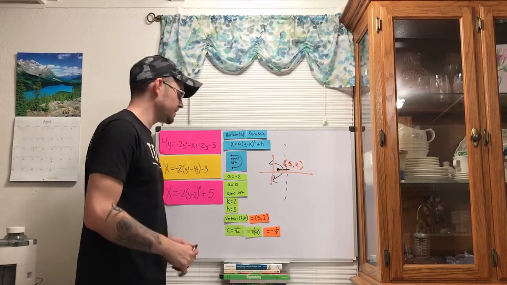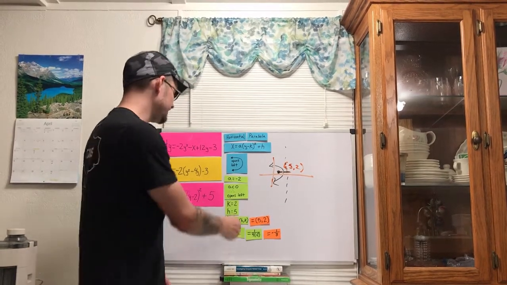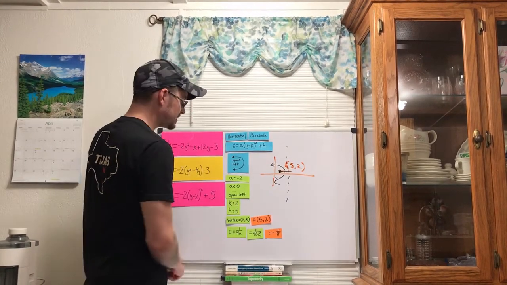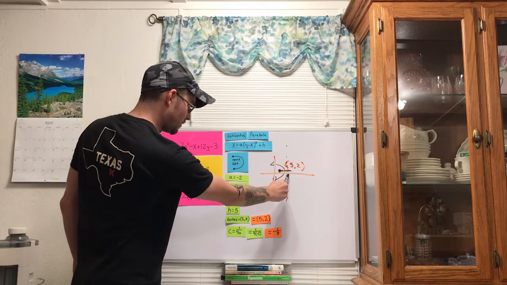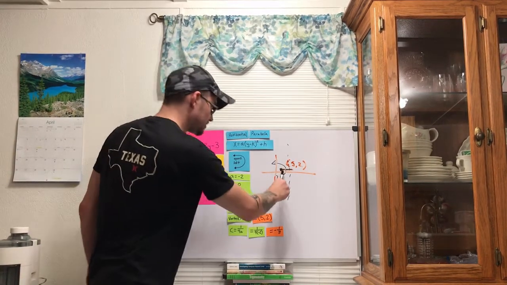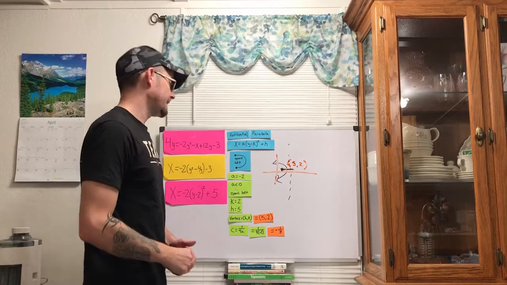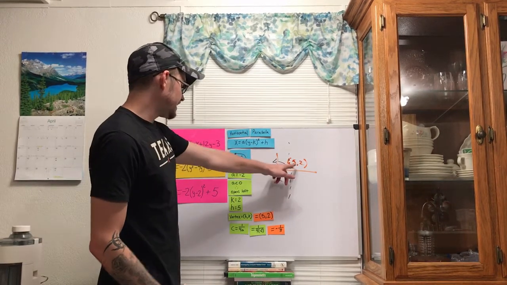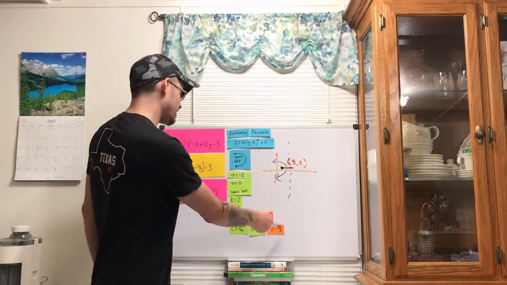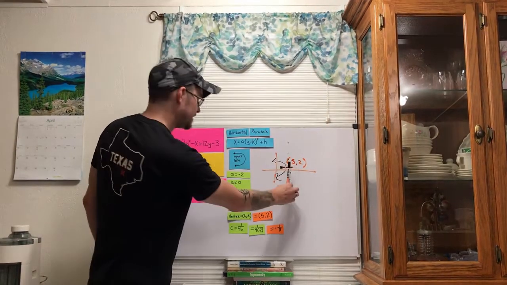So to simplify all that, I needed to find c so that I know the location of the focus, which is 1/8 to the left, and also the location of the directrix, which is 1/8 to the right. And to do that, all I have to do is use these coordinates of the vertex, (5, 2), and subtract 1/8 from the x value to go left.